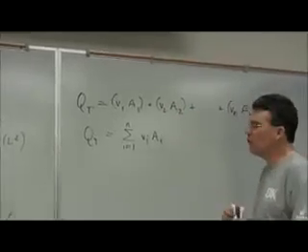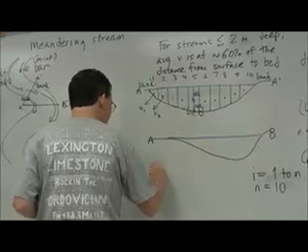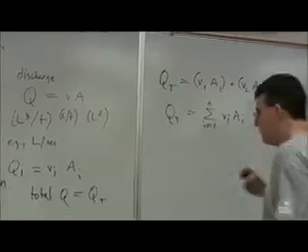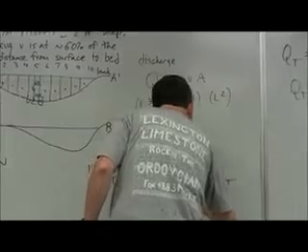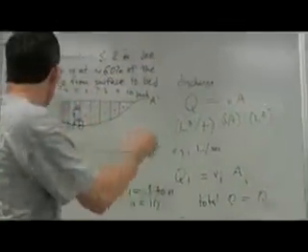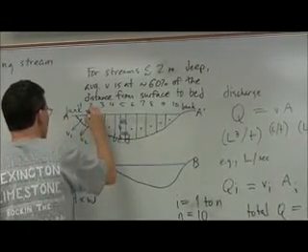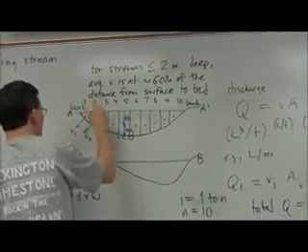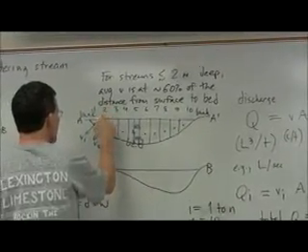So we can break this down further. We said area for a rectangle, for example, A equals D times W. So we can break this out to say Qi equals Vi Wi Di, where W is the width of each of these segments. D is the depth. And in fact, what we're going to do with the width is not the width of an individual segment, but rather the distance.